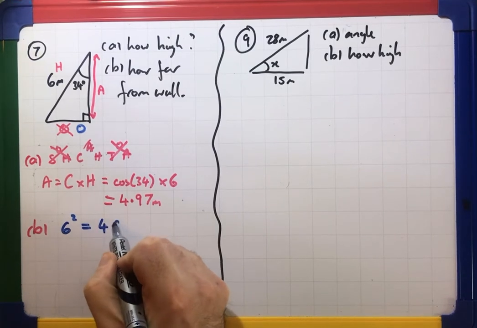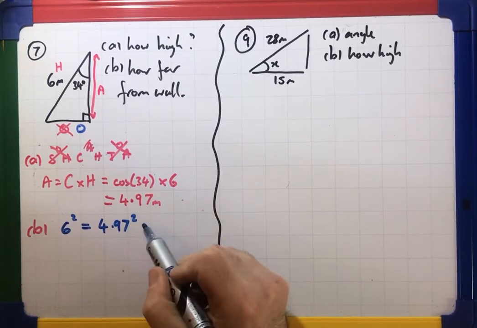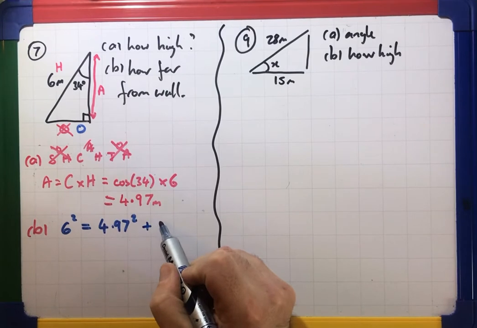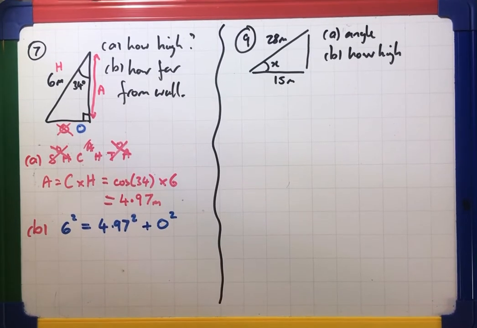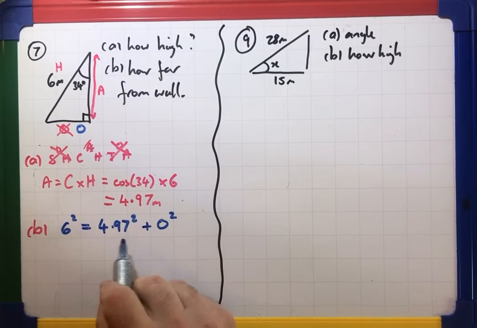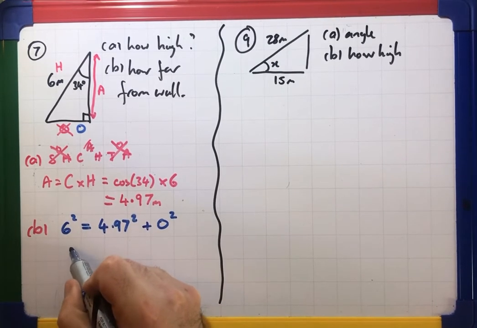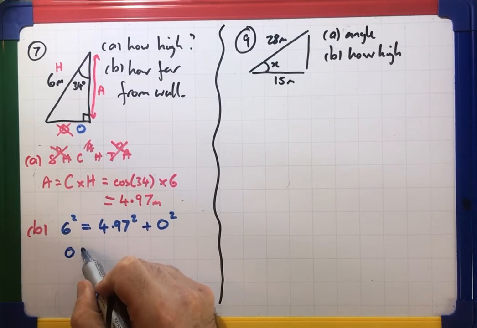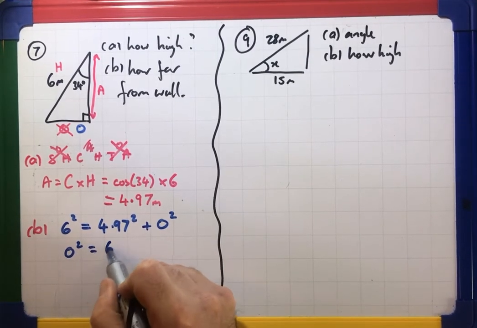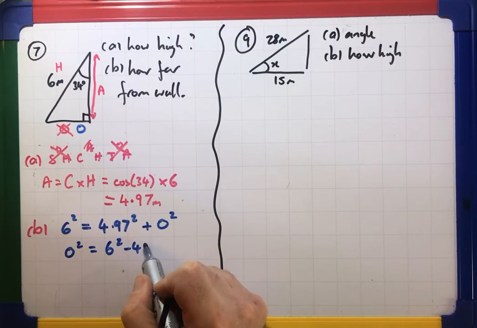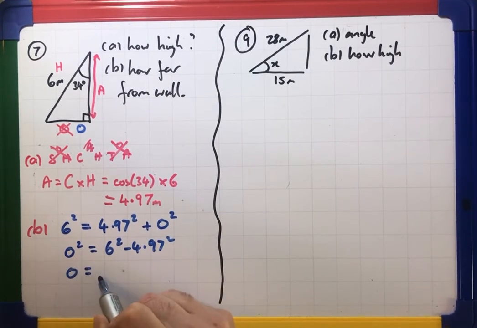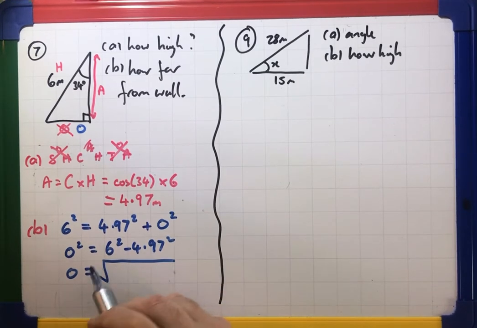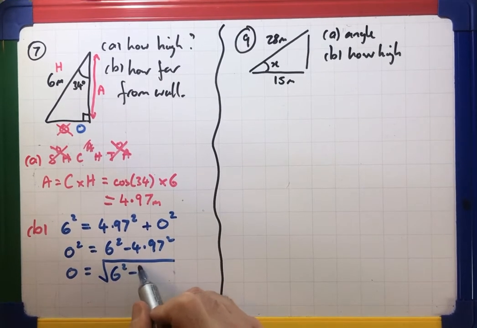So we know 6 squared equals, that's the longest side squared, the other two sides added. Now we know the adjacent is 4.97 plus what we want to work out, which is the opposite squared. Okay, it's not 0, that's O for opposite. So the opposite squared is going to be 6 squared, take away 4.97 squared. So the opposite will just be the square root of that.